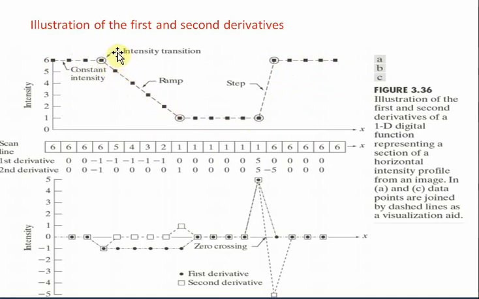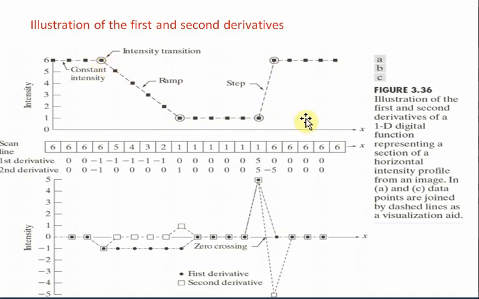Where is the step? This is the intensity transition, the step. It is changing from one value to a higher value with a sudden change. This one is the step, and this one is the ramp, like that.